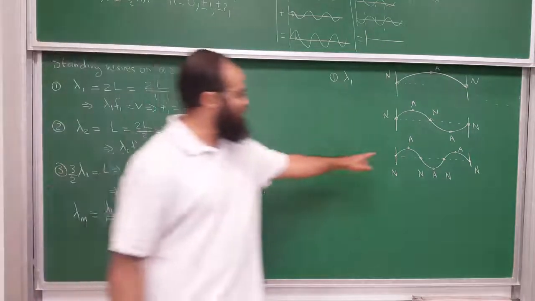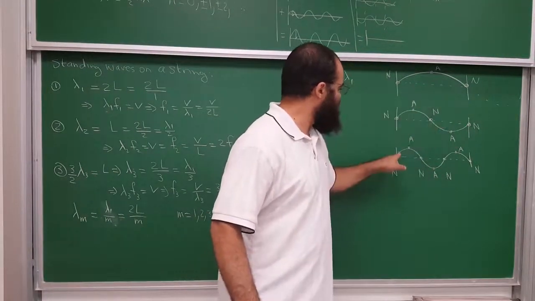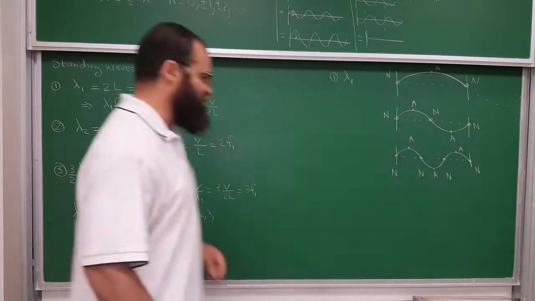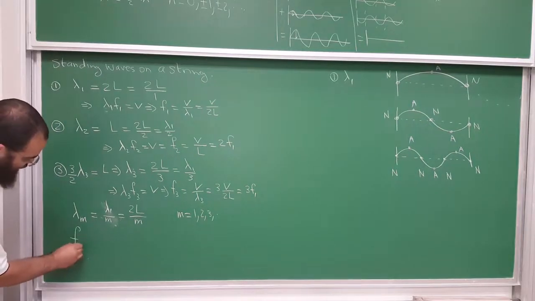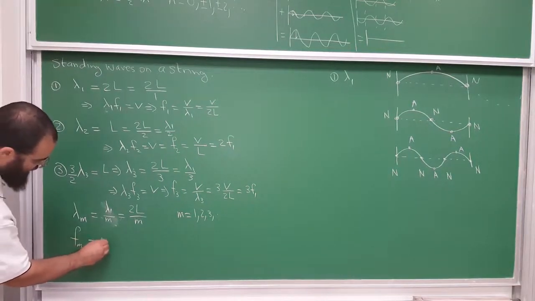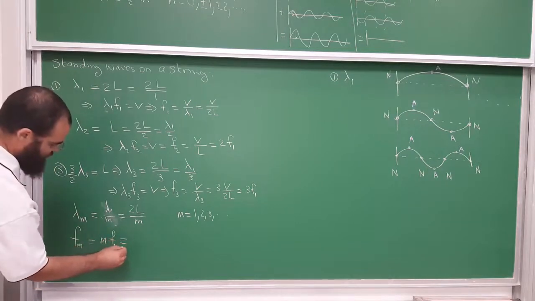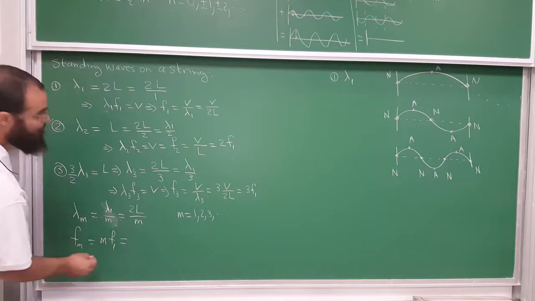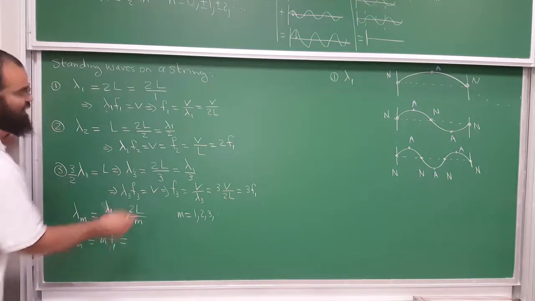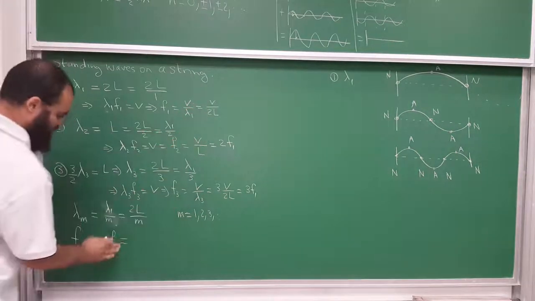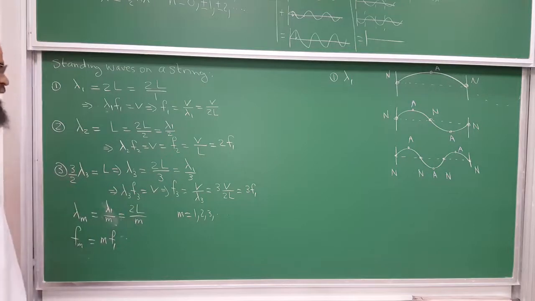The number of antinodes, 1, 2, 3 antinodes, or the number of segments the string is vibrating in. And fM will equal M times f1, and f1 is v over 2L. So let me just leave it like that. And M is 1, 2, 3, 4, 5, 6.